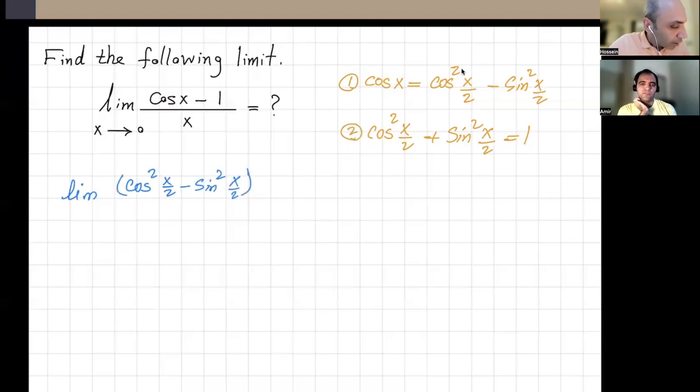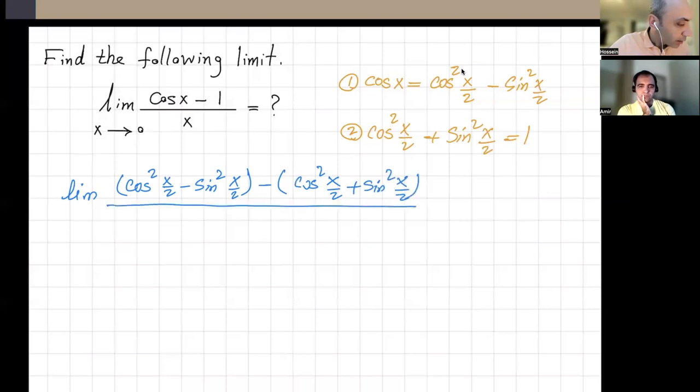That's the first term in the numerator. Then I have the negative sign, and instead of 1, I'm going to use the second identity. I'm going to write it as cosine squared of half x plus sine squared of half x. And then the whole thing is divided by x when x is approaching 0.